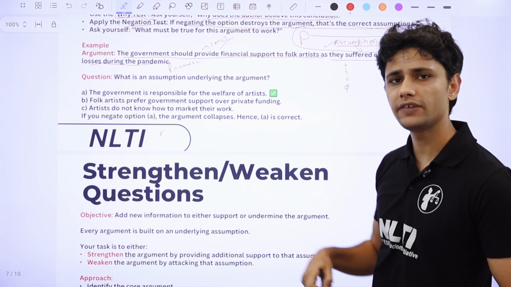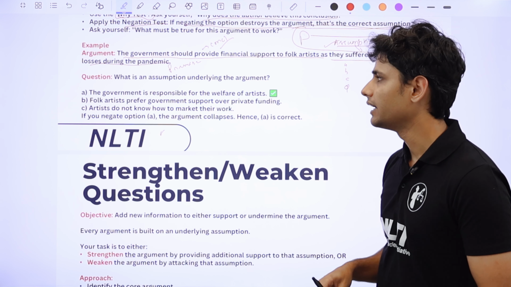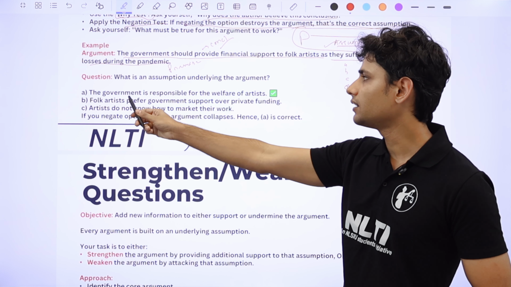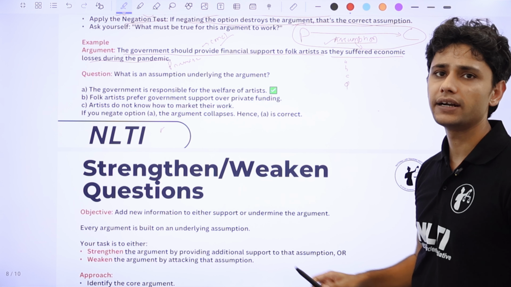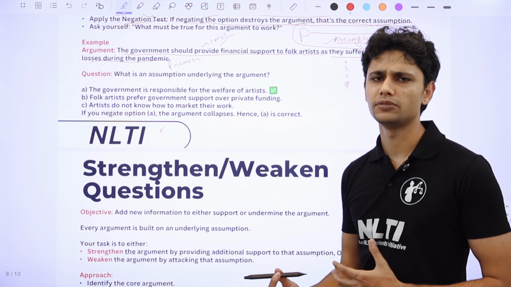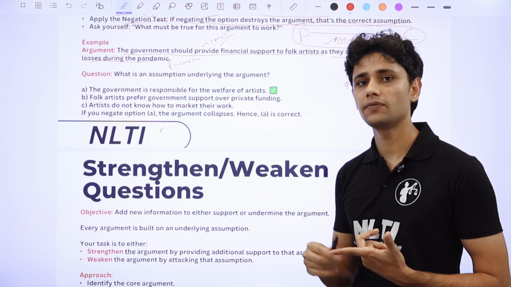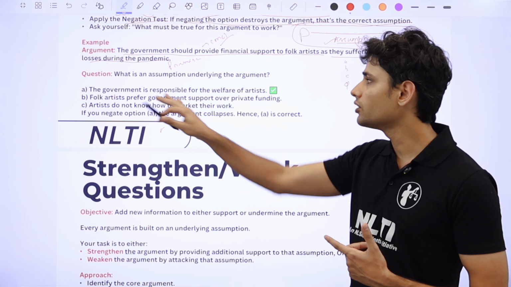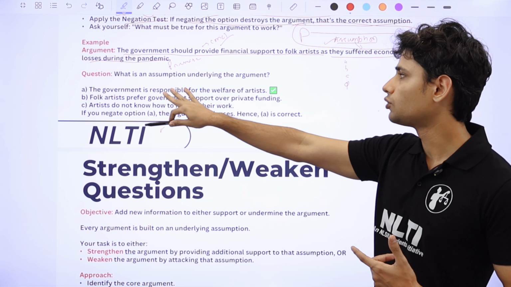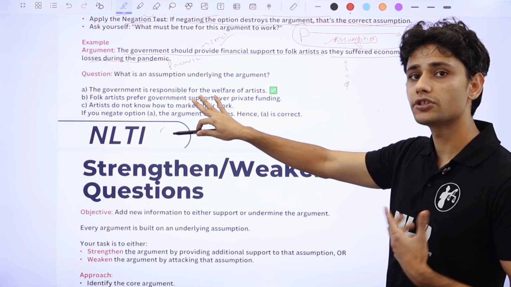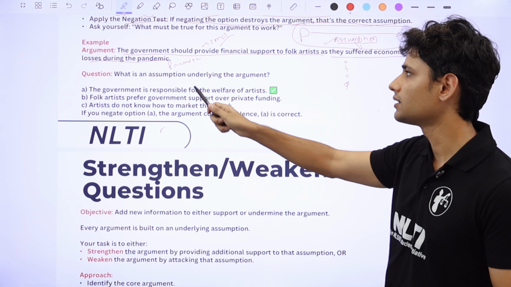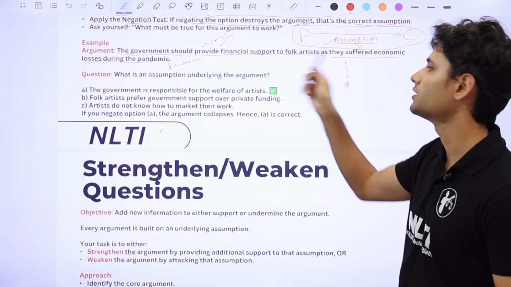Why should the government provide financial support to the artists? If we were to take option A, that the government is responsible for the welfare of artists, then that can be a reasonable assumption, because the only way we can justify that the government should provide financial support to them is through that responsibility for the welfare of artists.